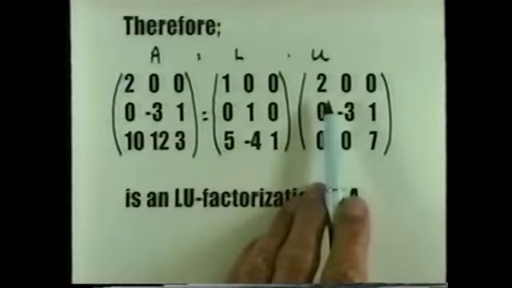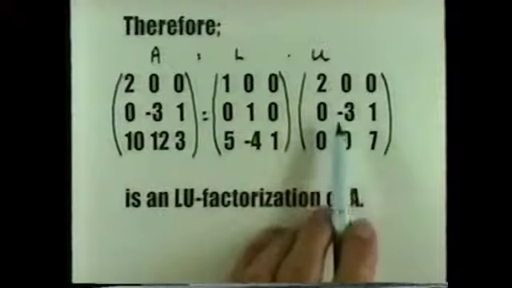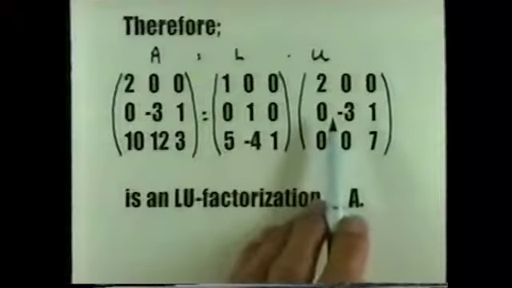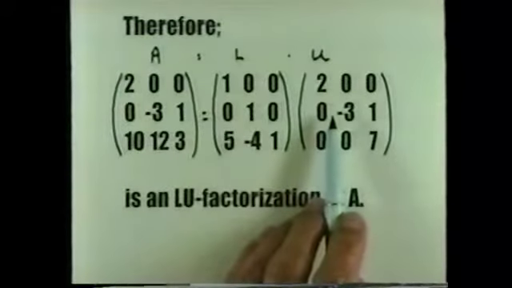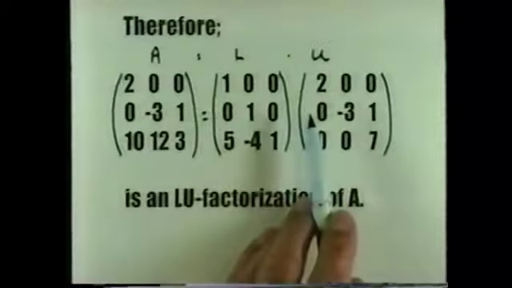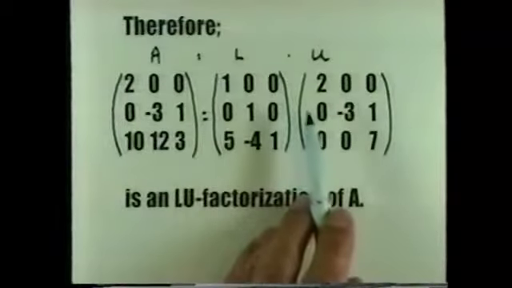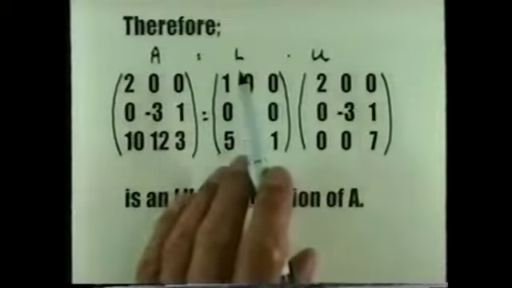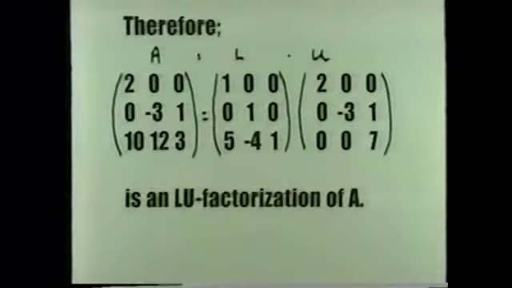You row reduce to get U. As you row reduce, keep up with your elementary operations and create your E1s and E2s and so forth. You're going to need the inverses, so get E1 inverse, E2 inverse as you're doing it. And then to get L, you multiply the E1 inverse times the E2 inverse times the E3 inverse and so forth.